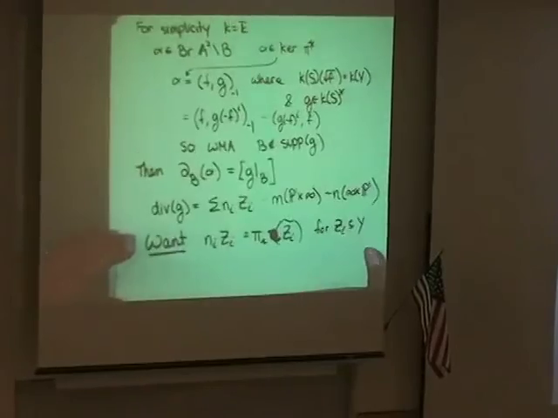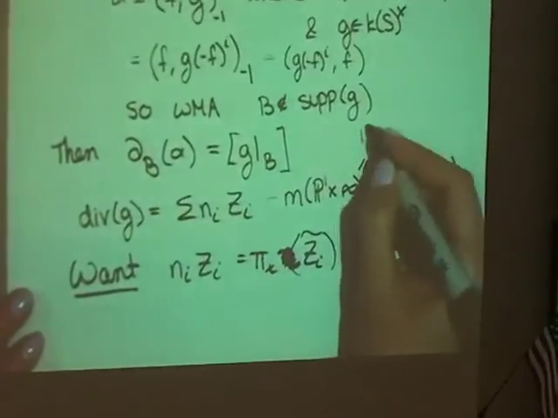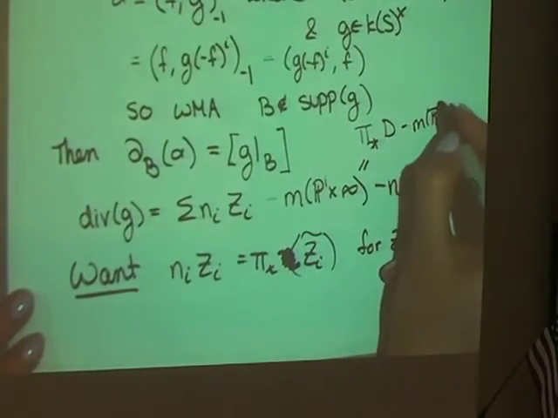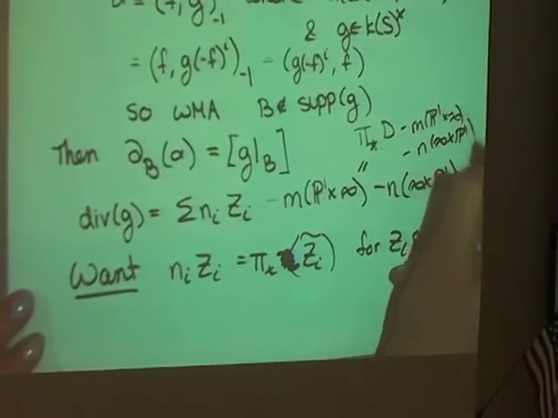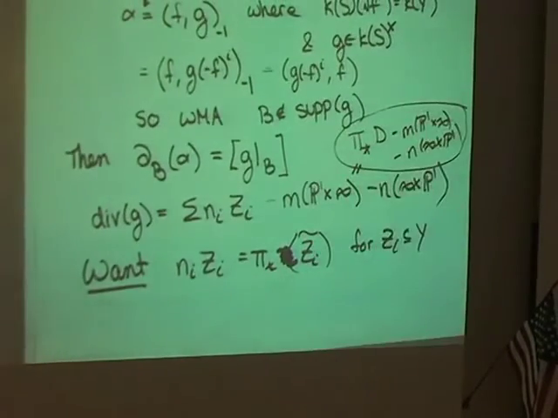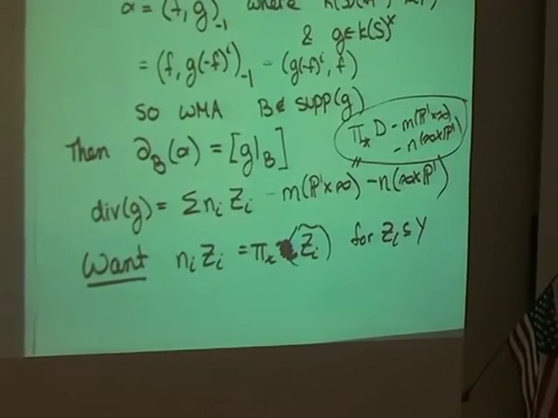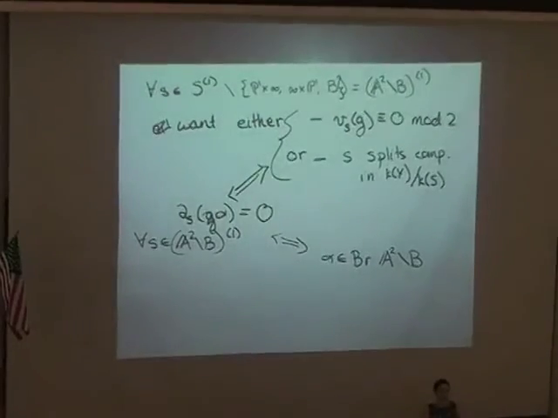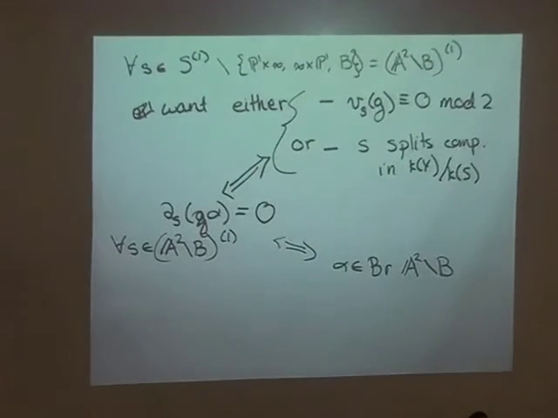So this function g, the divisor of it, is exactly the push forward of some divisor minus m P1 cross infinity minus n infinity cross P1. That's exactly what I wanted to show. It was many steps, but all I was doing at each step was unwinding what happened for cyclic algebras and what the residues were. There was no other ingredient to the proof.